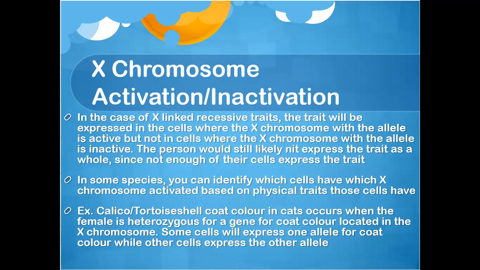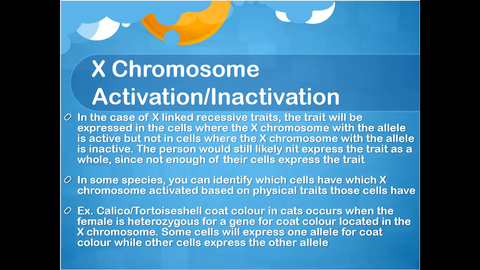In the case of X-linked recessive traits, that trait will be expressed in about half of the cells then, because as soon as an X chromosome becomes inactive, that means that its alleles no longer have an effect. So for instance, if you have a carrier female and the dominant trait is inactivated because its X is inactivated, then the recessive trait will actually show through for that cell.